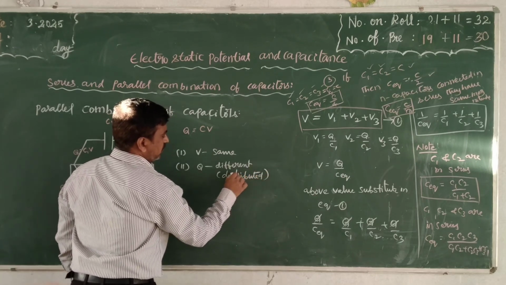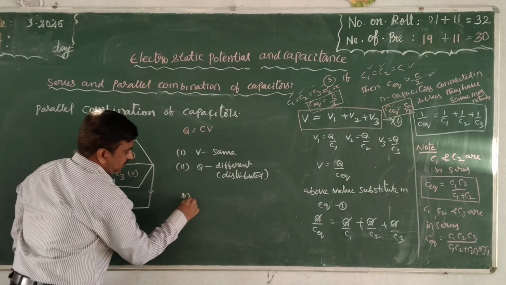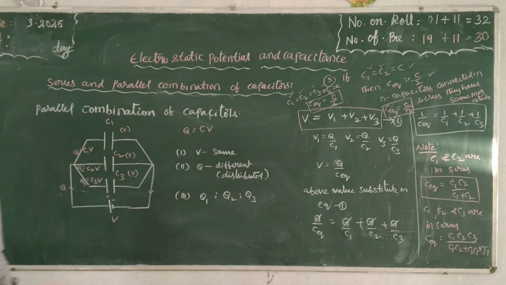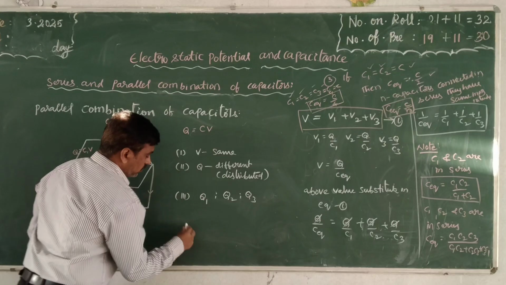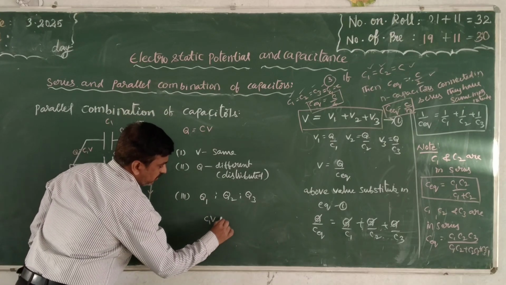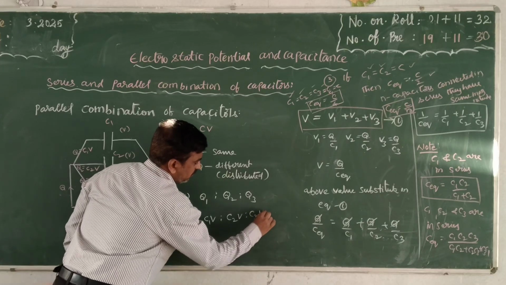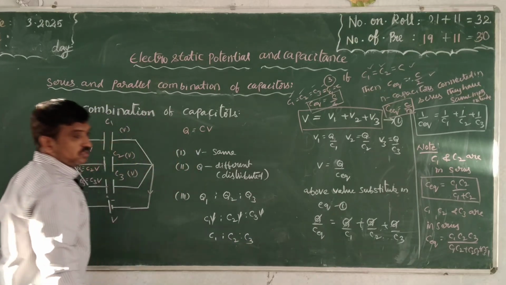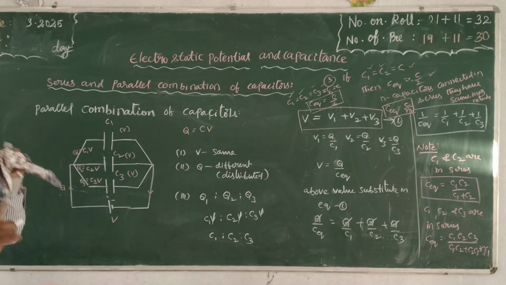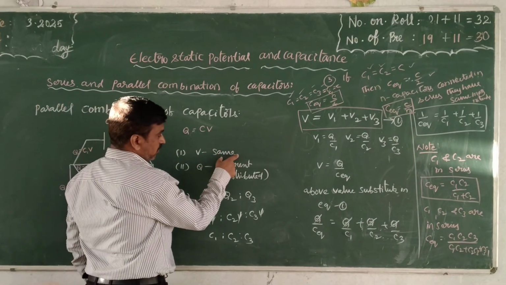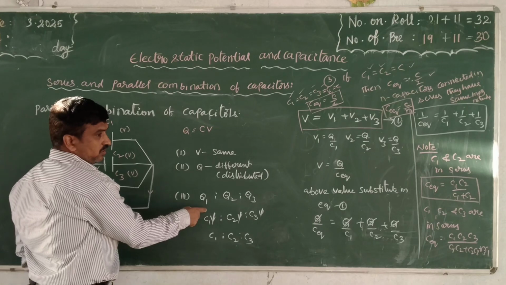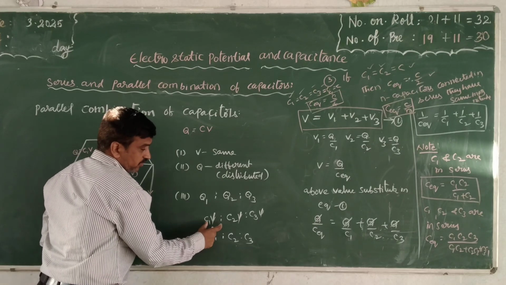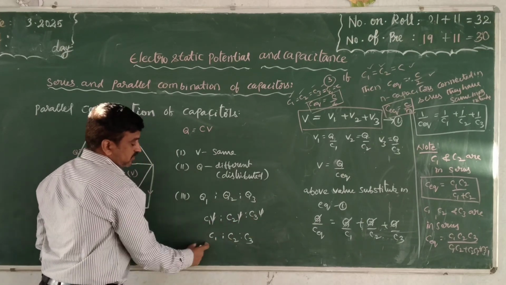So the ratio of charges at each capacitor is Q1 is to Q2 is to Q3. That we can write C1V is to C2V is to C3V. V cancels, same. So the ratio of capacitance is C1 is to C2 is to C3. When capacitors are connected in parallel, potential is same, charge is different, distributed as Q1, Q2, Q3.